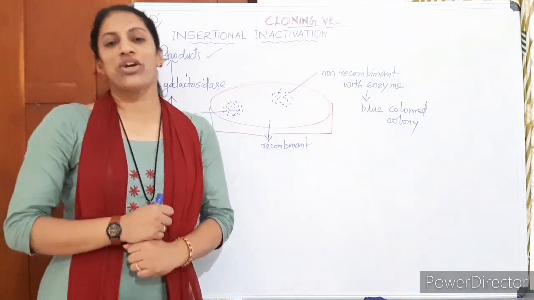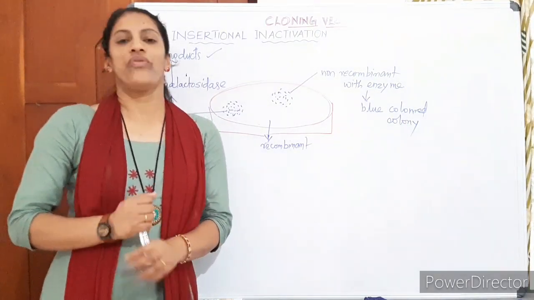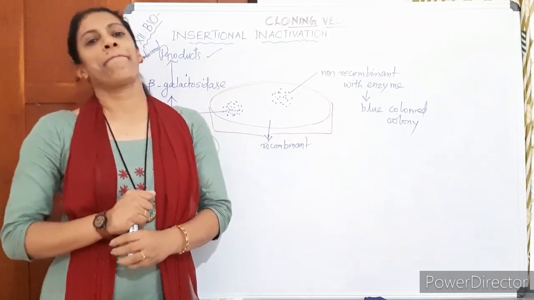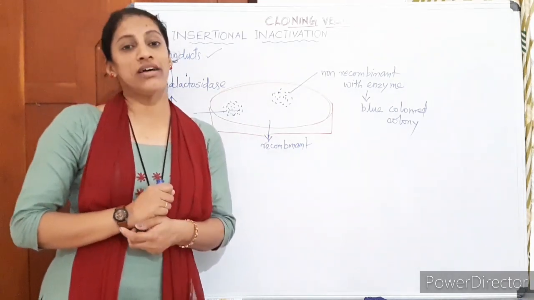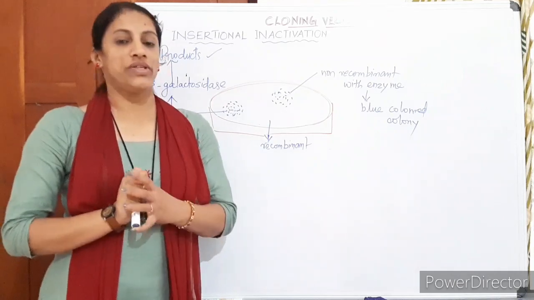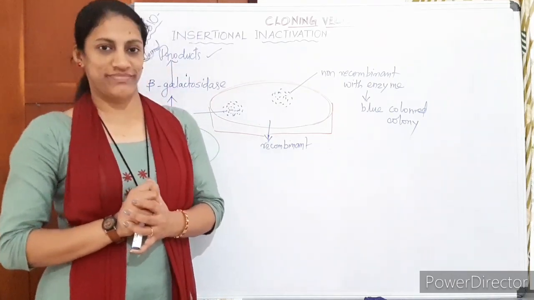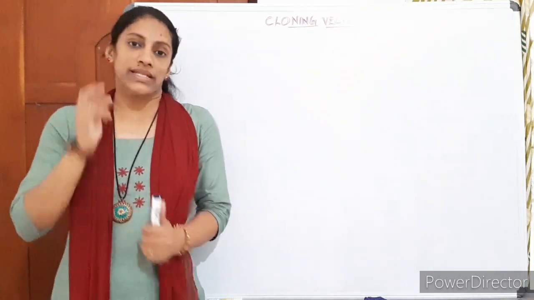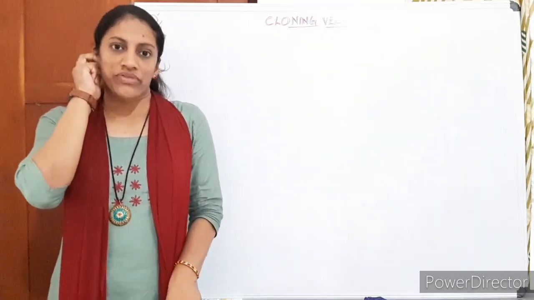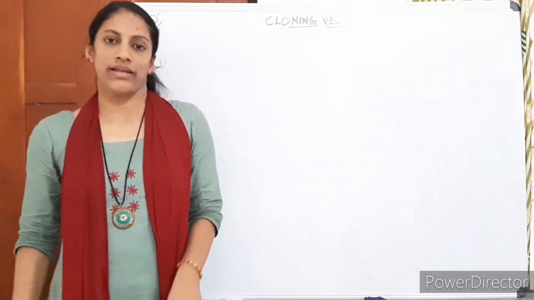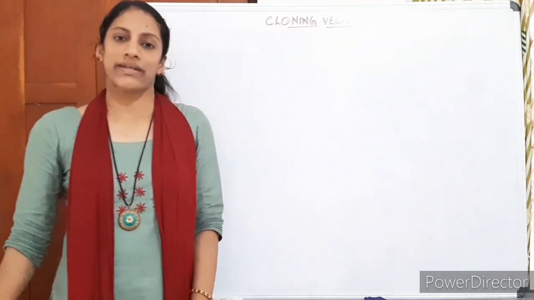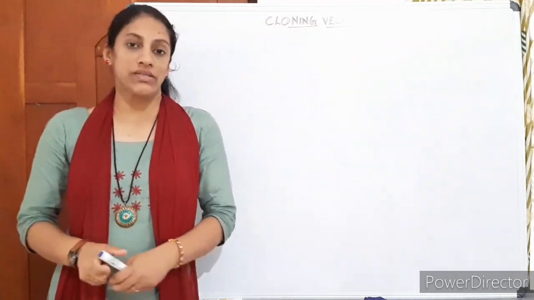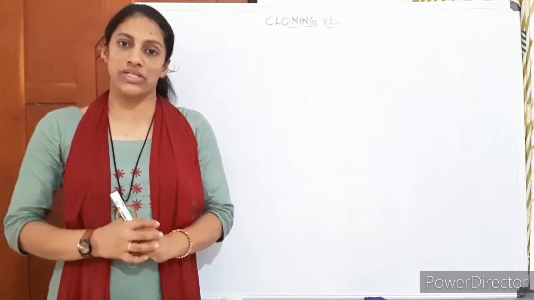So not only antibiotic resistance, we can also use enzyme sequence as the selectable marker, which is a more easy method. The cloning vectors meant for plants and animals. Now, till now we have discussed the host is bacterial cell. In order to deliver to the host bacterium cell, we are using plasmids as the vector, otherwise bacteriophages as the vector.